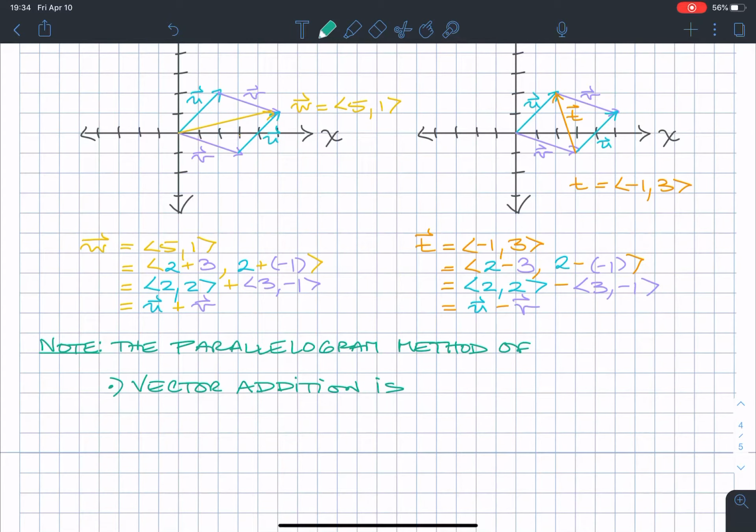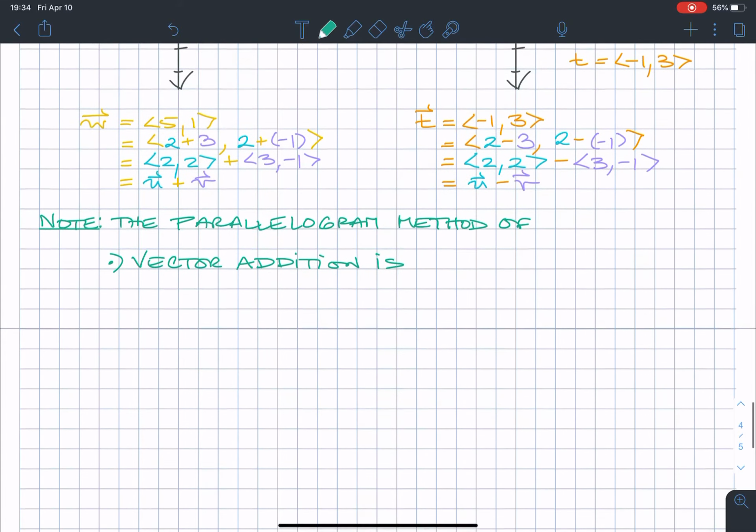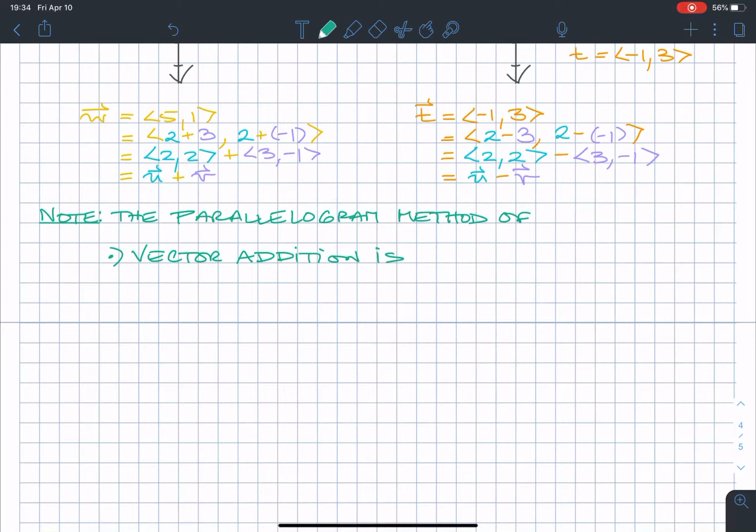So if I have my 2 vectors with the tails at 0, 0, as in the case of the left-hand side here with W, all the tails for U, V, and W are at 0, 0, so that's the main diagonal. So vector addition is the main diagonal.